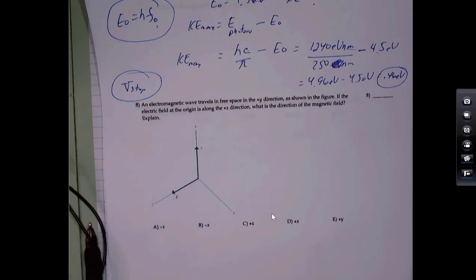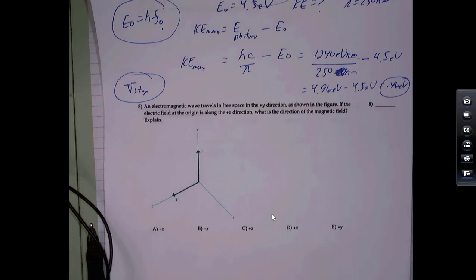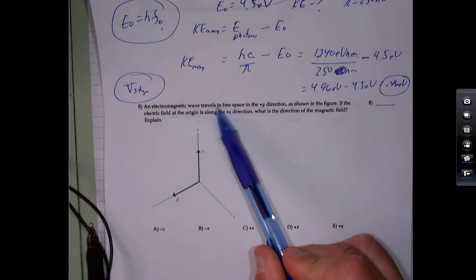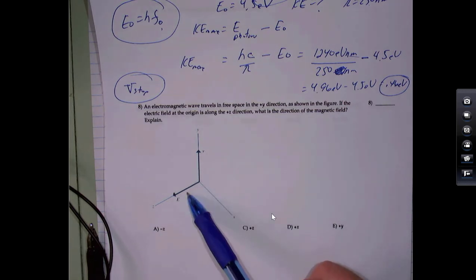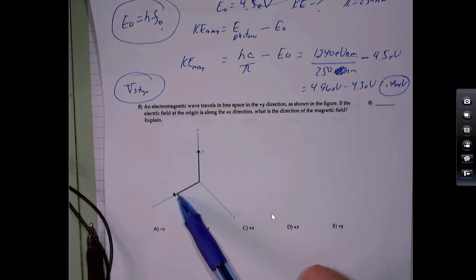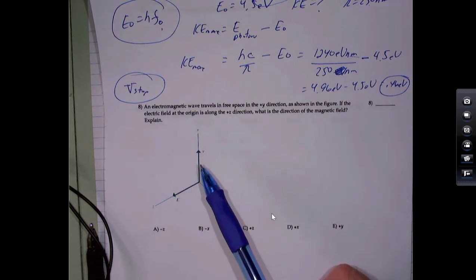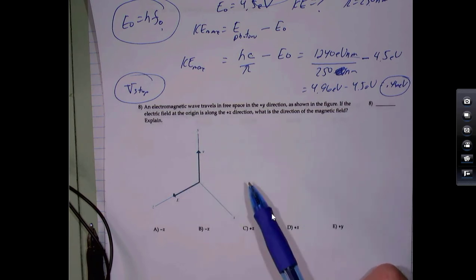Okay, good. So here's where we started transitioning away from electricity and magnetism into waves. This is a chapter 25 idea. An electromagnetic wave travels in free space as shown. If this is the electric field pointing along this direction, what is the direction of the magnetic field? So E and B are always perpendicular to each other.